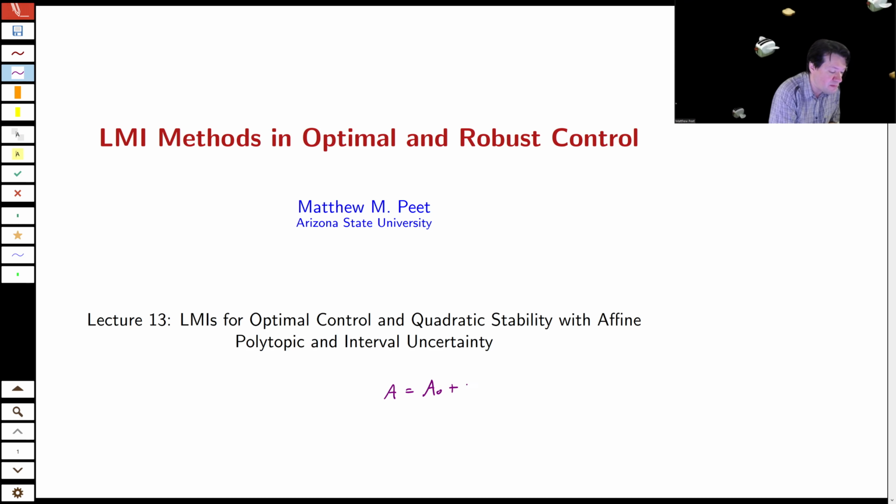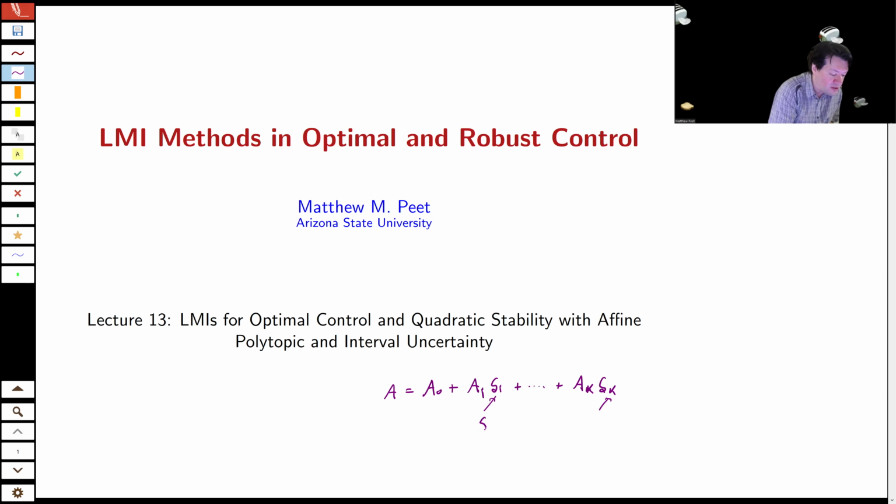This applies to the B matrices as well, where we've got some nominal parameter, then A_1 delta_1, plus and so on, plus A_k delta_k, where these uncertain parameters are affine in our representation, which is actually a little bit unusual, but it's an important special case.